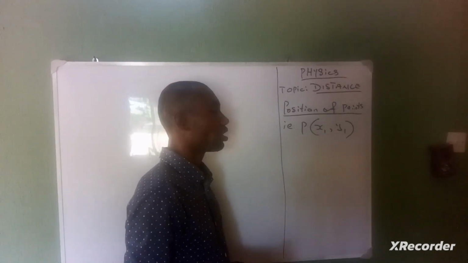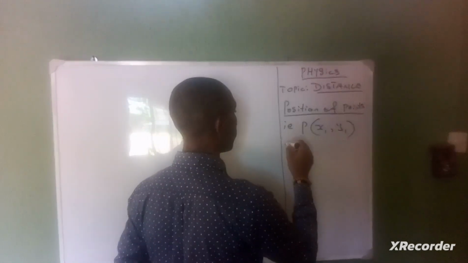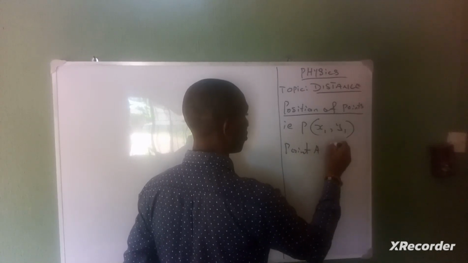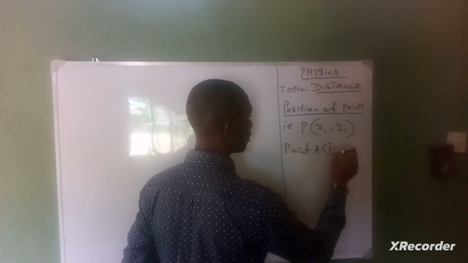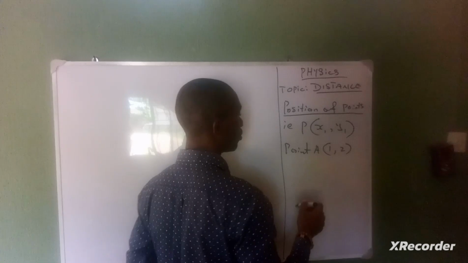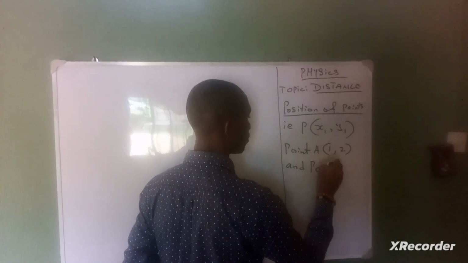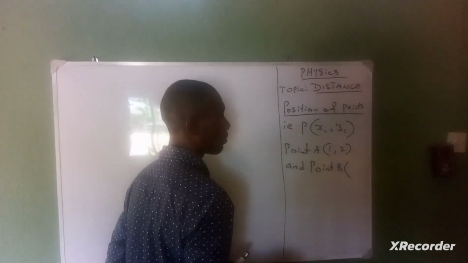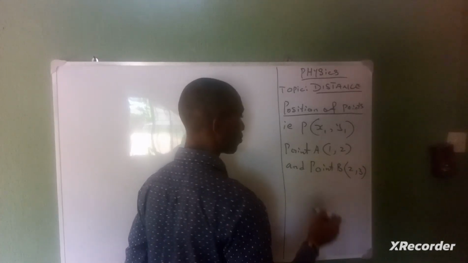But in this case, in solving for distance between 2 points, assuming we have point A to be (1, 2) and point B to be (2, 3).